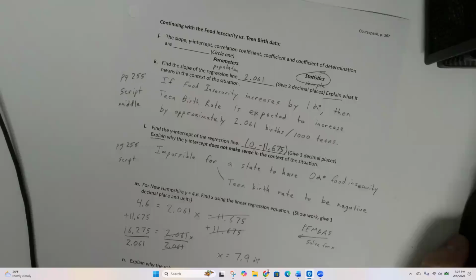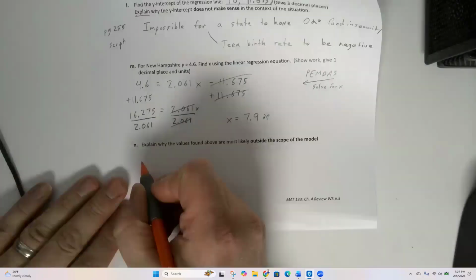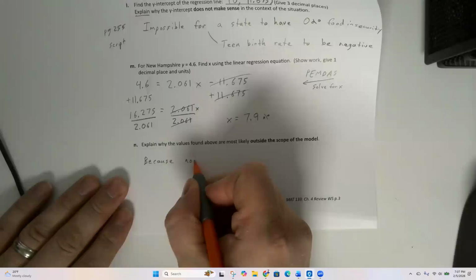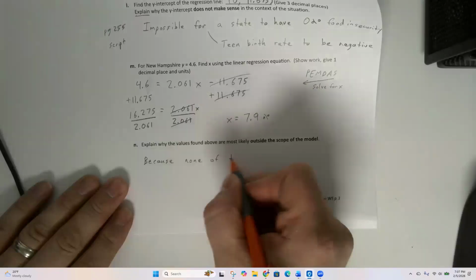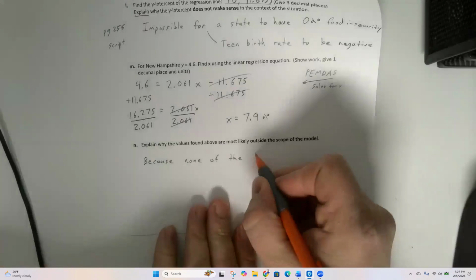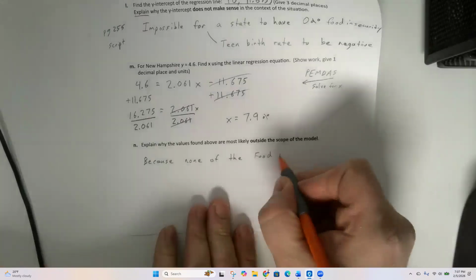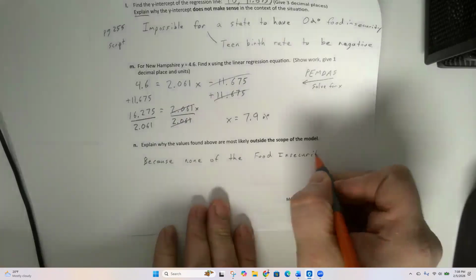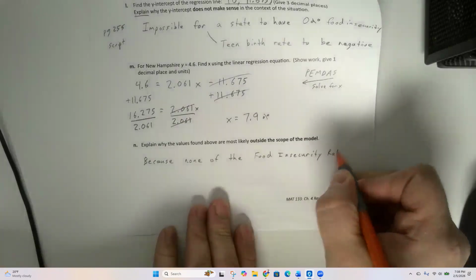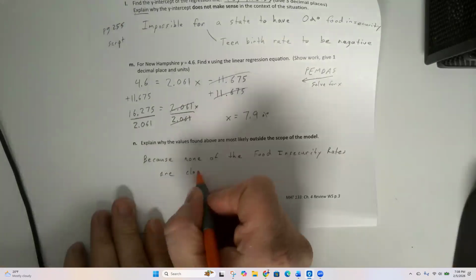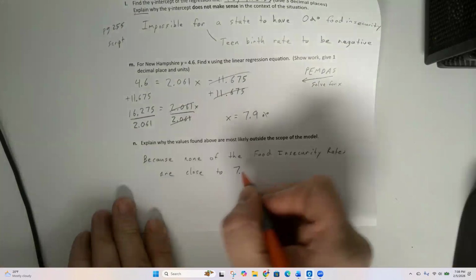So, explain why the values above are most likely outside the scope of the model. Because none of the food insecurity rates are close to 7.9%.